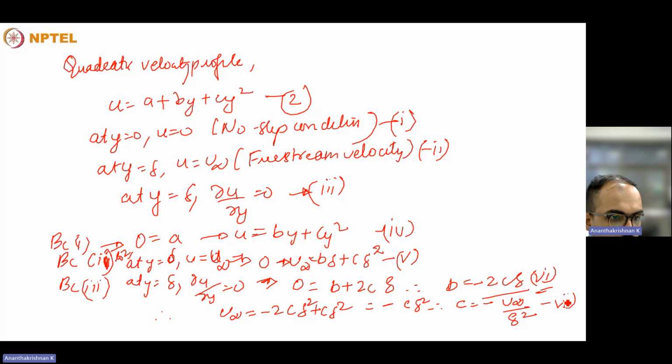That is equation 7. Therefore, B is equal to minus 2C delta, that is 2 u infinity divided by delta. So that will be the value of B. Substituting this in u, we get 2 u infinity divided by delta times y minus u infinity divided by delta squared times y squared.